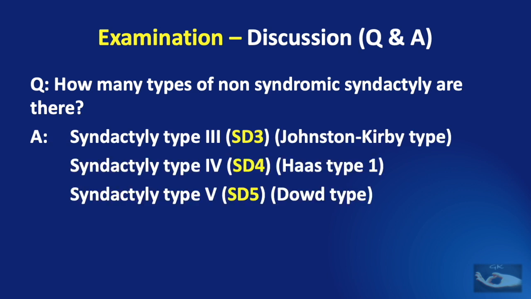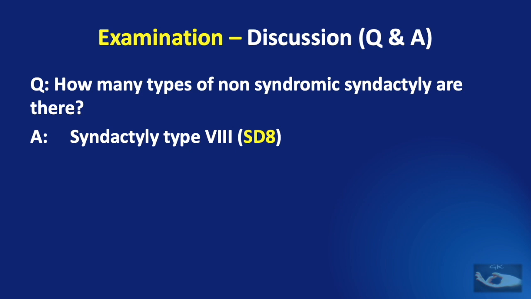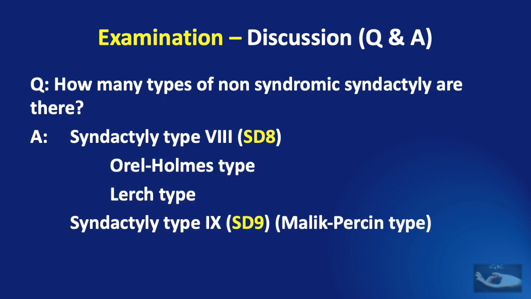Syndactyly types 3 to 7 have their own names and own phenotypic presentations. Syndactyly type 8 is divided into 2 types, while syndactyly type 9 is known as the Malik-Persson type. So far, we have seen the 9 types of non-syndromic syndactyly.